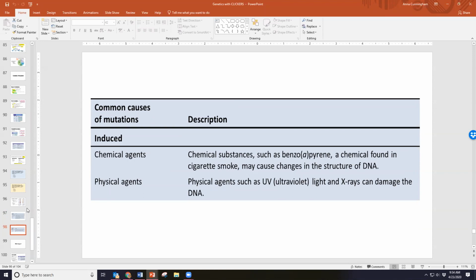Chemical agents can be anything. Cigarette smoke is an example of a chemical that causes mutations. That can obviously change not only tissue structure, which we talked about earlier in the semester, but the structure of DNA. Benzopyrene or BPA, and what was another one?